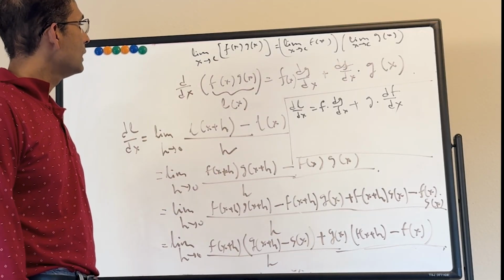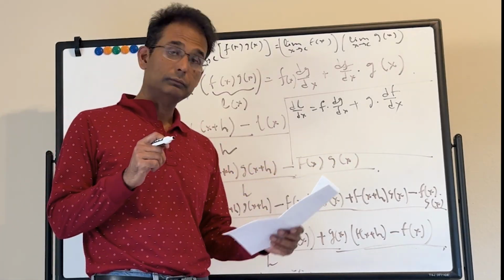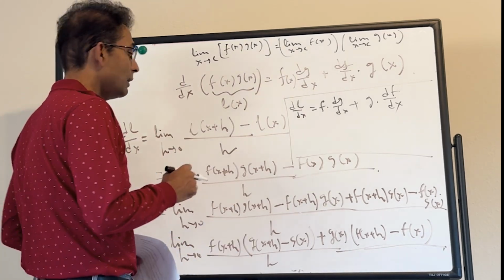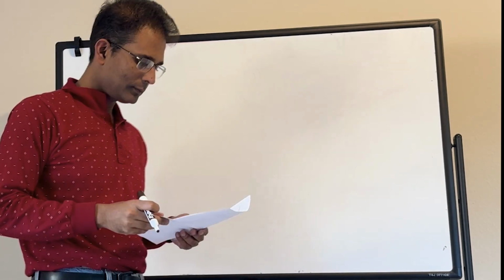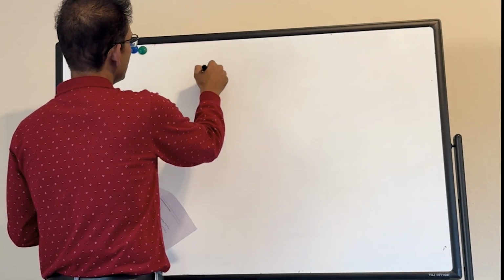Okay? So there is one more formula that you need to remember about derivatives. So let me write that down. The last formula regarding derivatives is this. It's called the quotient rule.